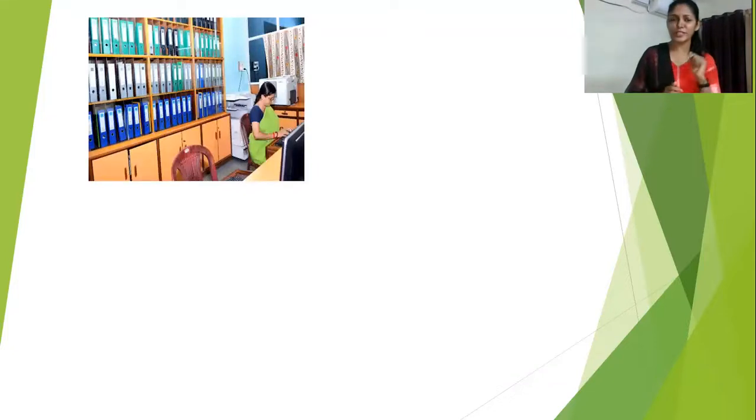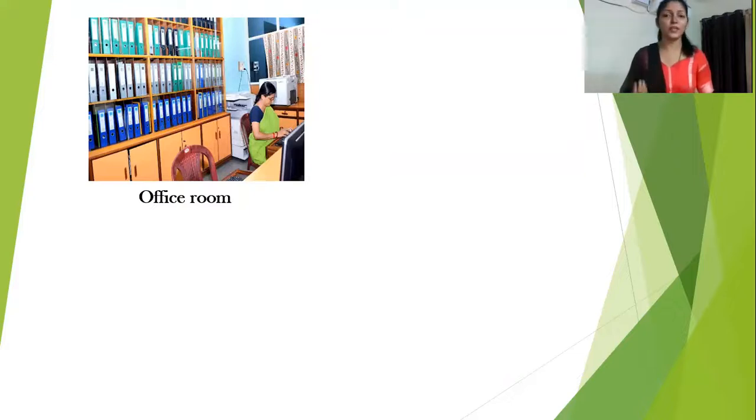Yes, have you seen this room anywhere? That's right. This is the office room. Now what happens in the office room? You come with your parents, isn't it? Sometimes to pay the fees, right? Or to speak about the transport, right?